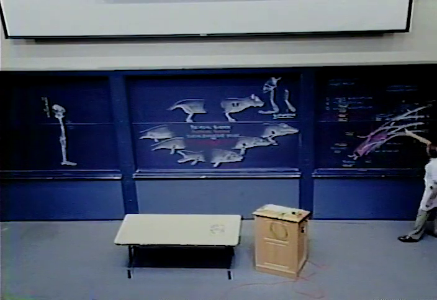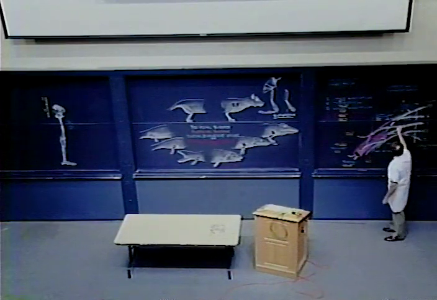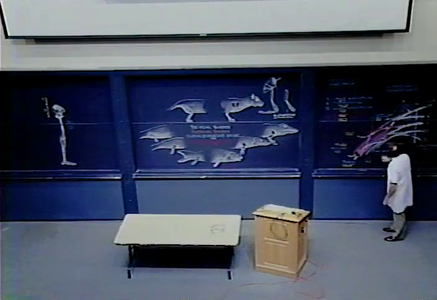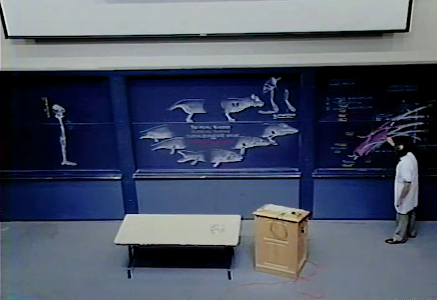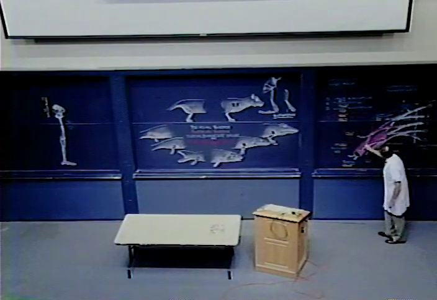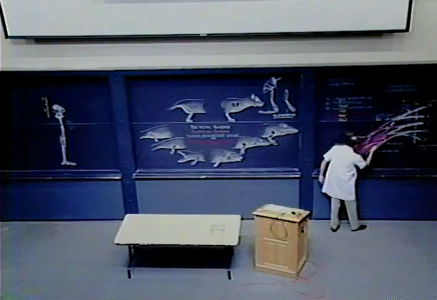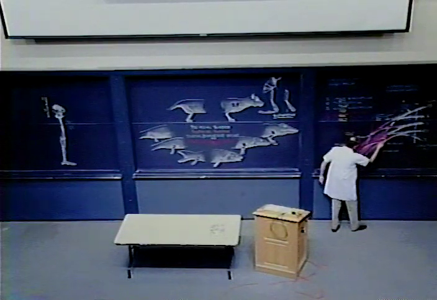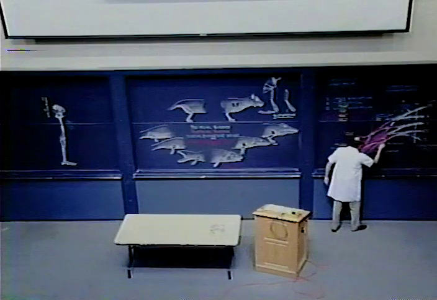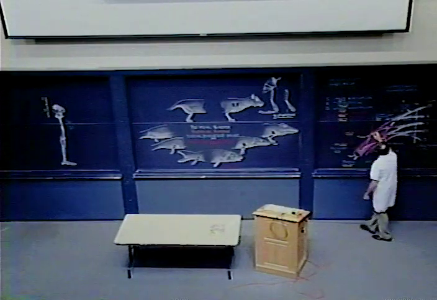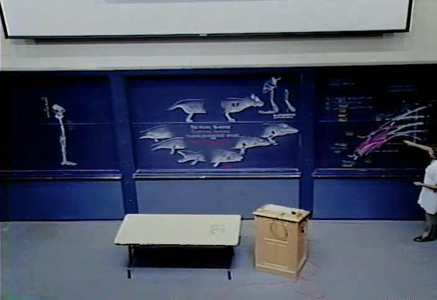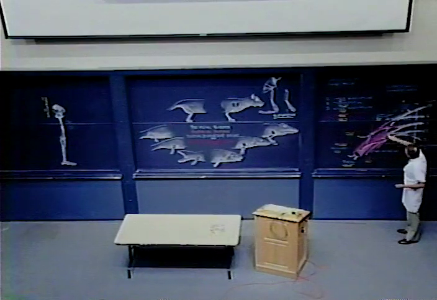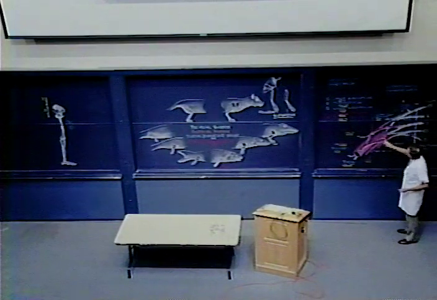Here is the anterior division of the middle trunk. And here is the anterior division of the lower trunk. Posteriorly, these divisions run behind the axillary artery.